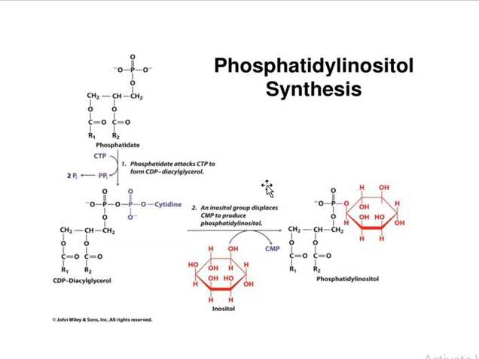In this diagram, we can see that the phosphatidic acid reacts with CTP, and with the release of a pyrophosphate, this phosphatidic acid and CTP give rise to the CDP diacyl glycerol.